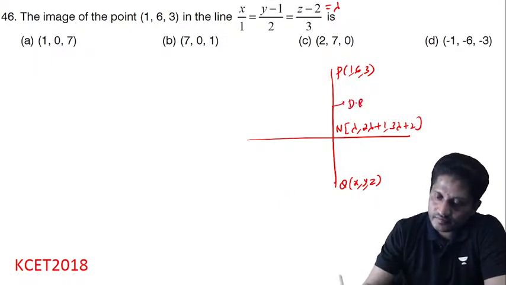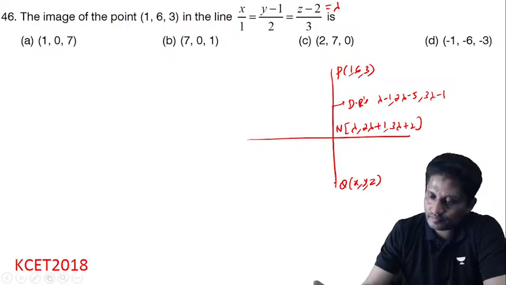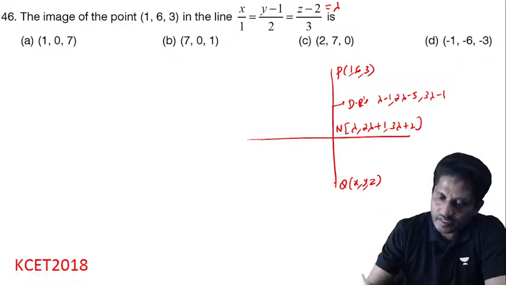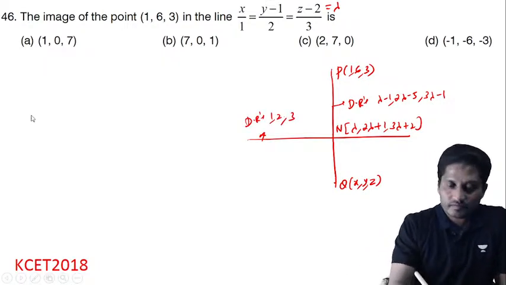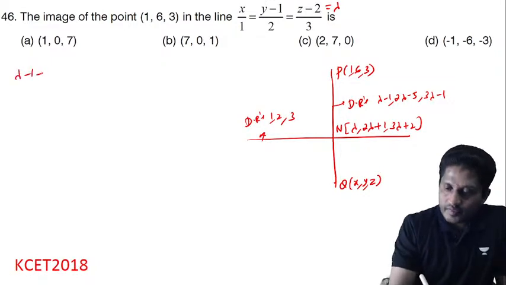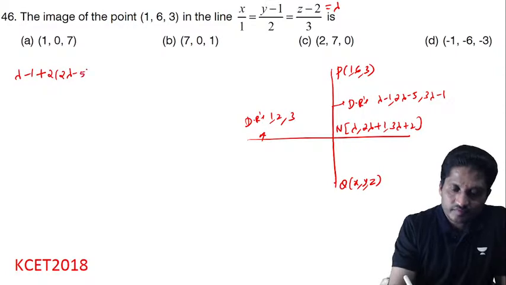The DRs of this line will be lambda minus 1, 2 lambda minus 5, 3 lambda minus 1. Okay, now the DRs of this line will be 1, 2, 3. Now multiply the DRs: lambda minus 1, plus 2 into 2 lambda minus 5, plus 3 into 3 lambda minus 1 is equal to 0.